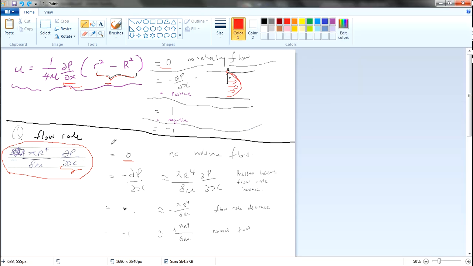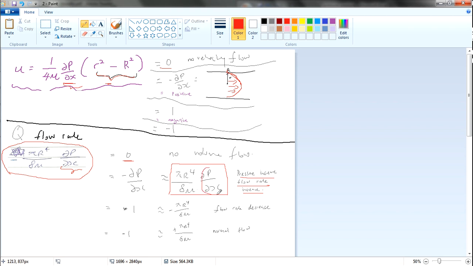So as your pressure gradient decreases, you're going to see this happening. How does it affect the flow rate? As you know, this is negative, so negative and negative is going to be positive. So the flow rate will increase based on the pressure gradient increase.